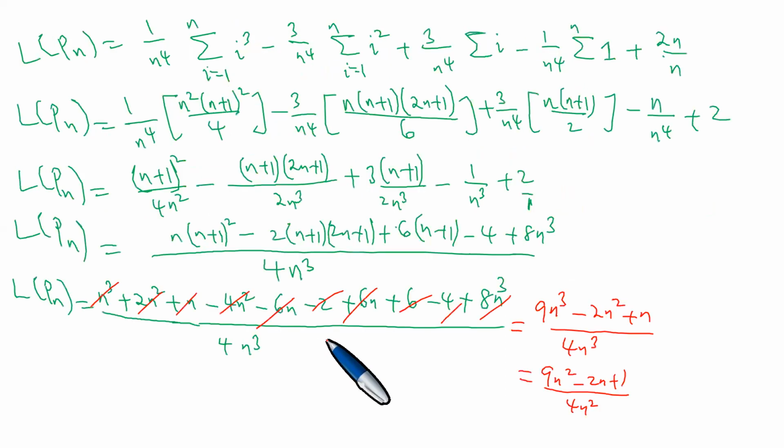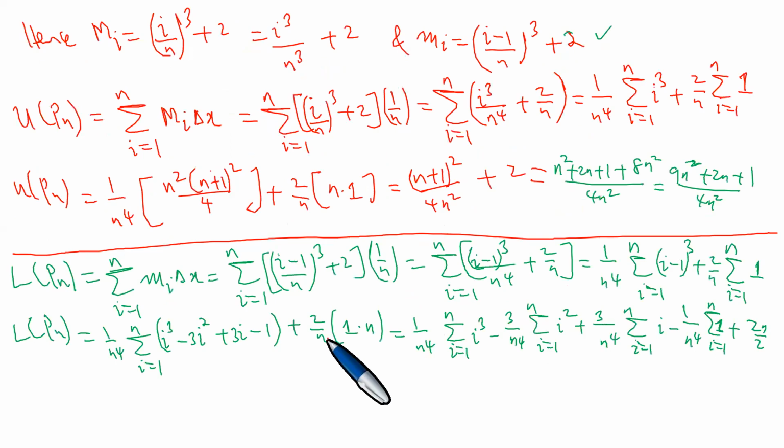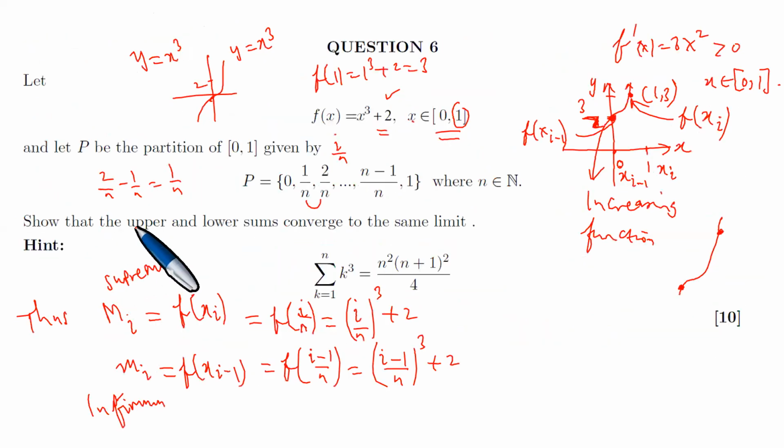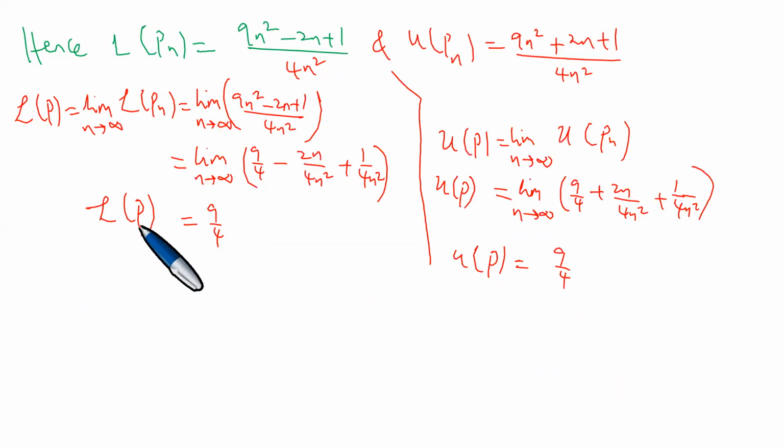So obviously this means the upper and lower Riemann sums converge to the same limit. So we have that the upper and lower Riemann sums converge to the same limit.